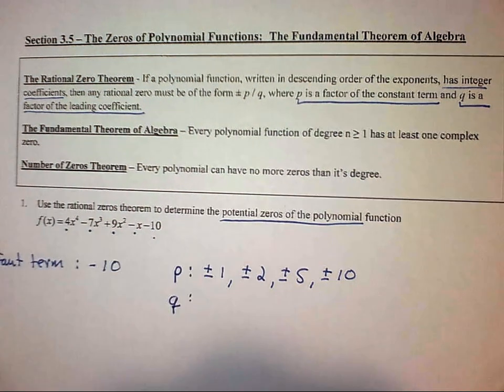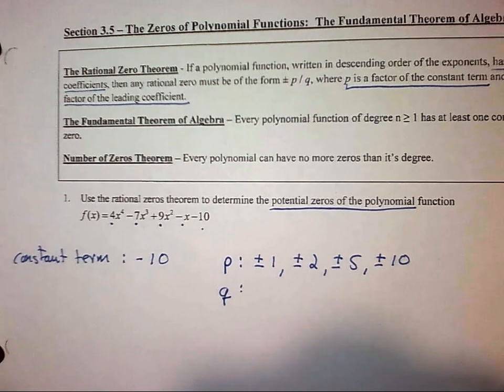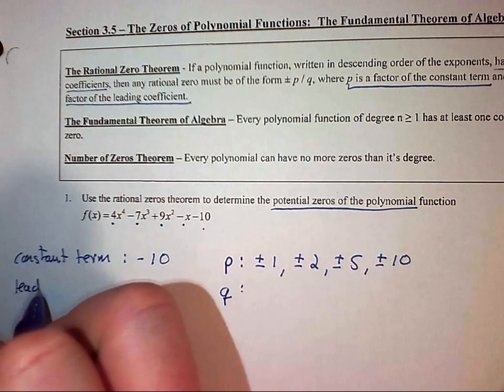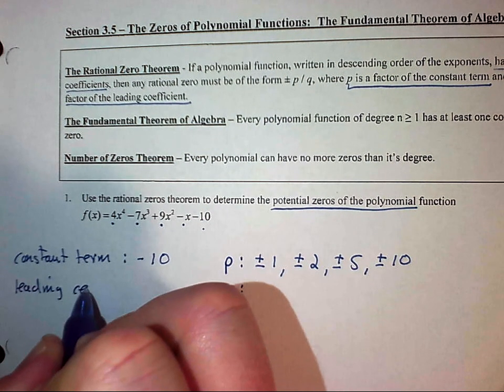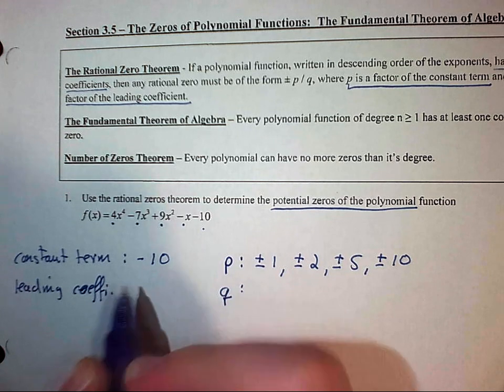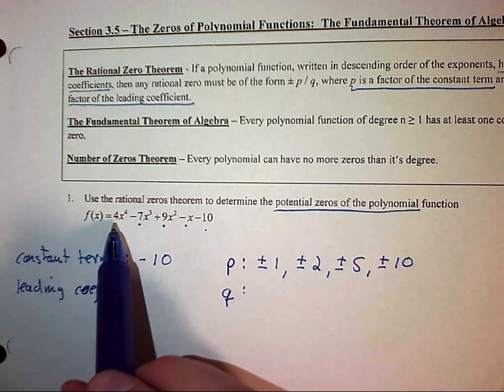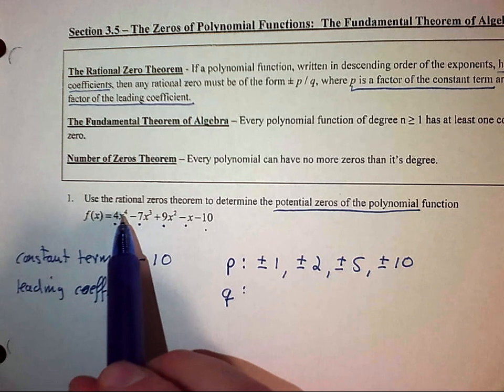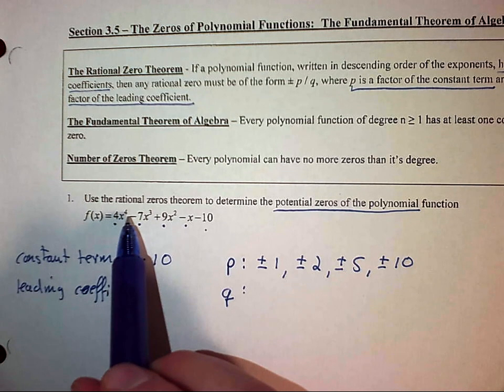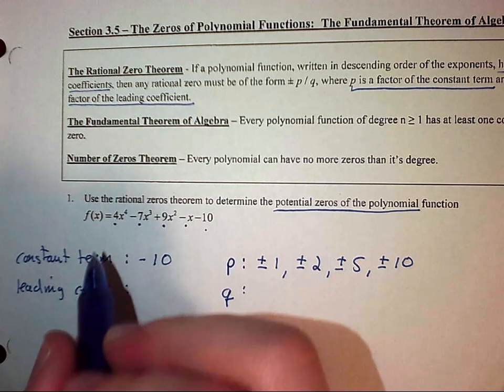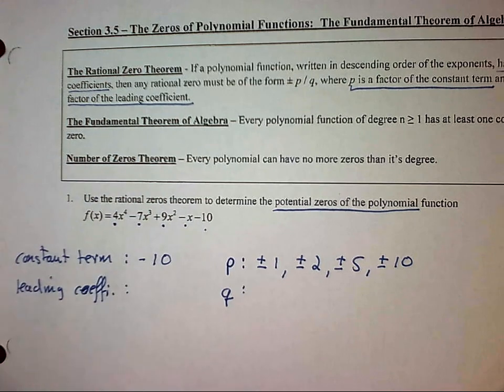So let's take a look at q. First off, our leading coefficient is going to be the number that's attached to the x with the highest exponent. Here our highest exponent is 4, so our leading coefficient is the number in front of that, and that is also the number 4.